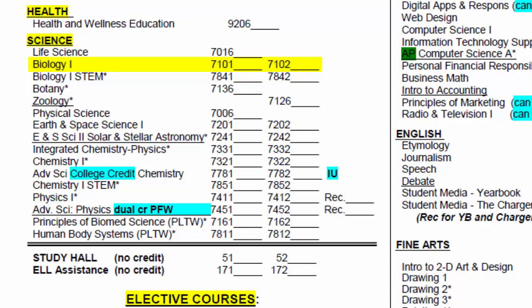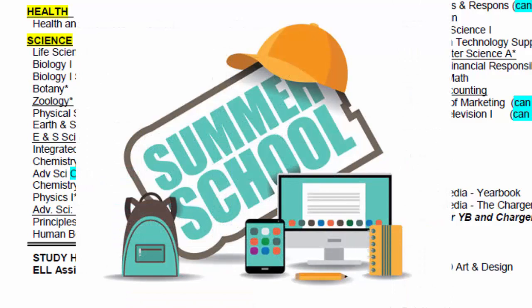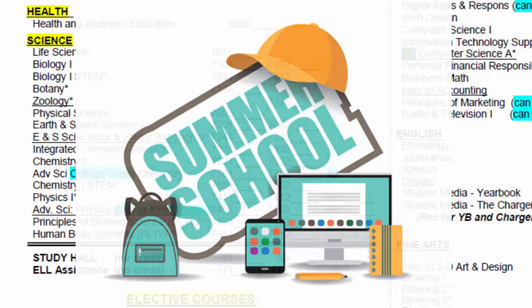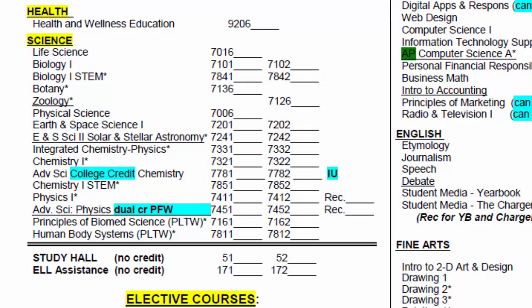If you failed the first semester of Biology 1, it is recommended that you take it in summer school. If you plan to take it in summer school, complete the summer school form, but do not select biology on your course selection sheet. If you do not plan on taking summer school and failed first semester of Biology 1, you need to select course number 7101 on your course selection sheet.